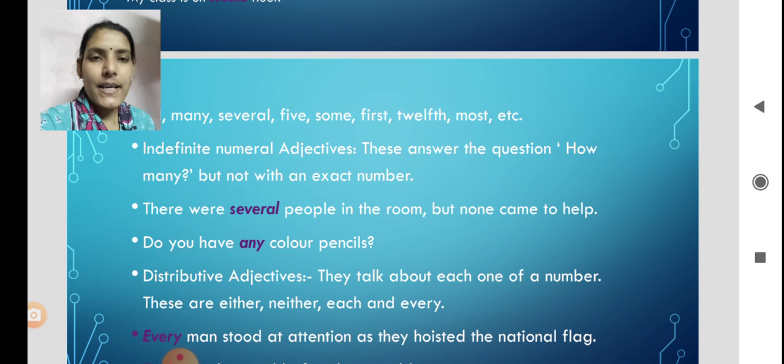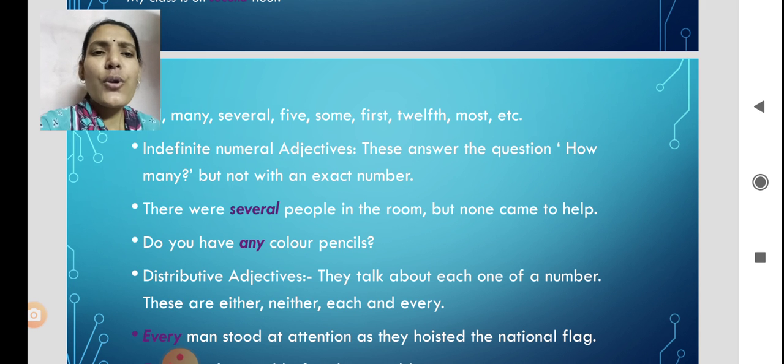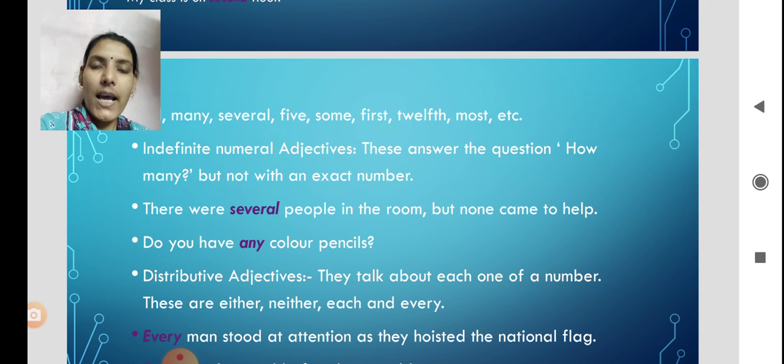Indefinite numeral adjectives. These answer the question how many, but not with an exact number. We can ask a question by the words how many, but not with an exact number. There were several people in the room, but none came to help.